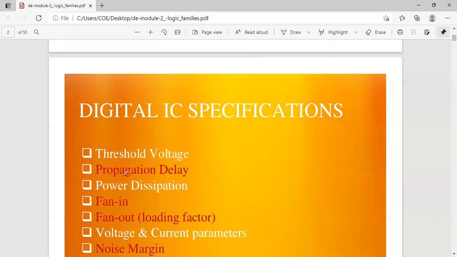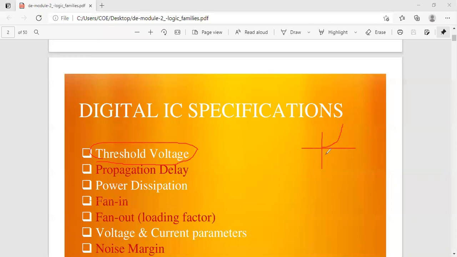It is not a new terminology to you, because you might have studied the same word in electronic circuits: threshold voltage or knee voltage in the VI characteristics of a PN junction diode.